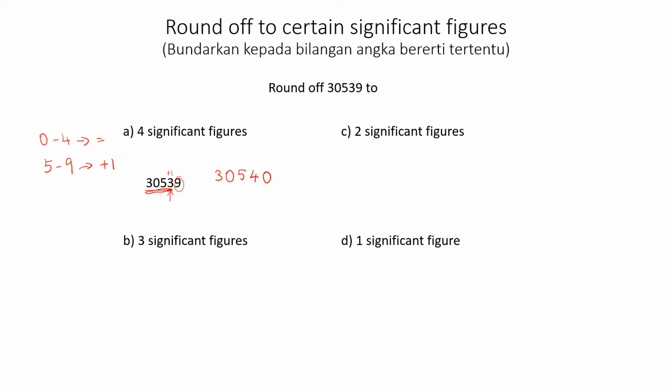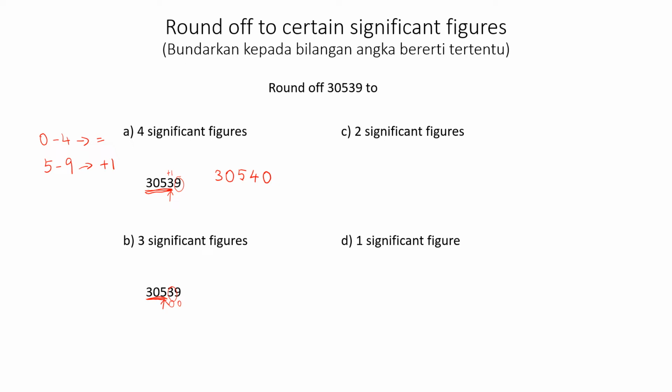Next is 3 significant figures. We count from here: 1, 2, 3. Only these 3 figures remain, and the rest will be 0. We need to decide whether to round up or remain unchanged for this number 5, so we look at the number beside it, which is 3.